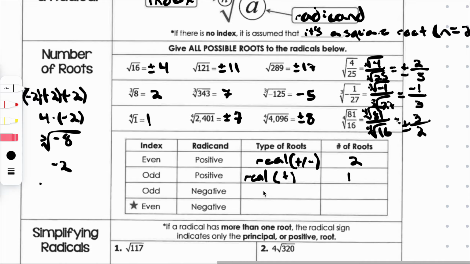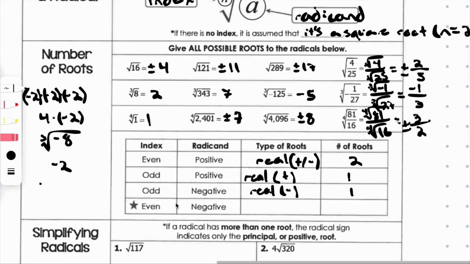So 1 root. Here, when we have an odd index with a negative radicand, we're going to have a negative root. We're only going to have 1. So, for example, the cube root of negative 125, we only have 1 answer, and it's a real negative number.